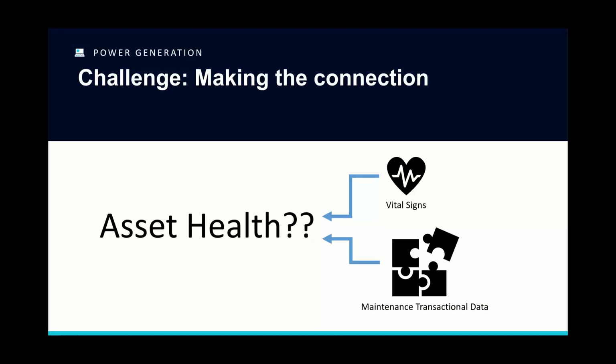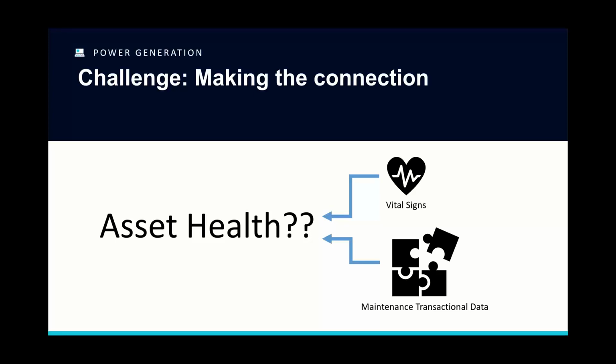So what we thought is that we could extrapolate the asset health by looking at the transactional data that's been generated from our maintenance activities on a day-to-day basis, and take that to give us an indication of what is the health of that asset.